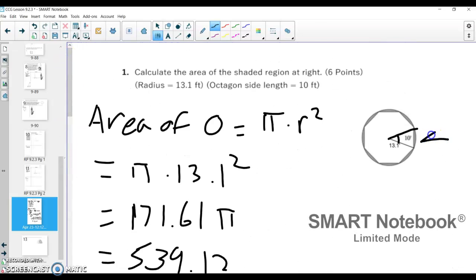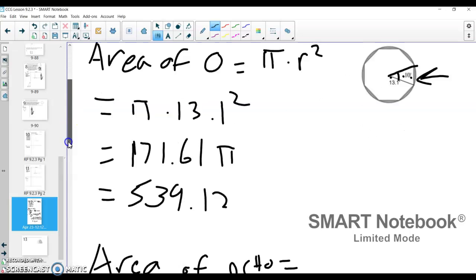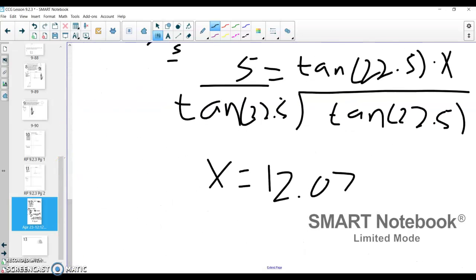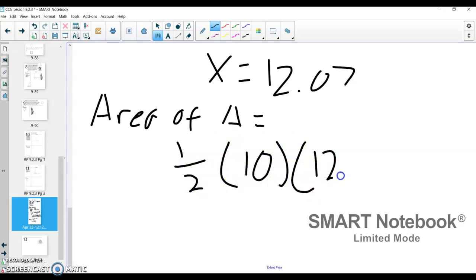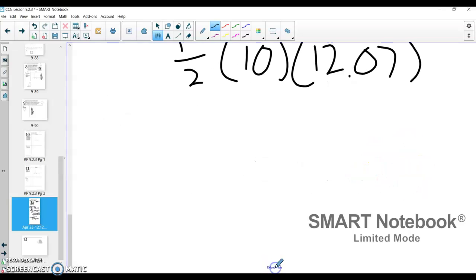All right. I now can go back up and look at my triangle. It had a base of 10, and we just found out it had a height of 12.07. And so to find the area of the triangle, we have to do 1/2 times the base, which is 10, times the height, which is 12.07. 1/2 times 10 is 5.